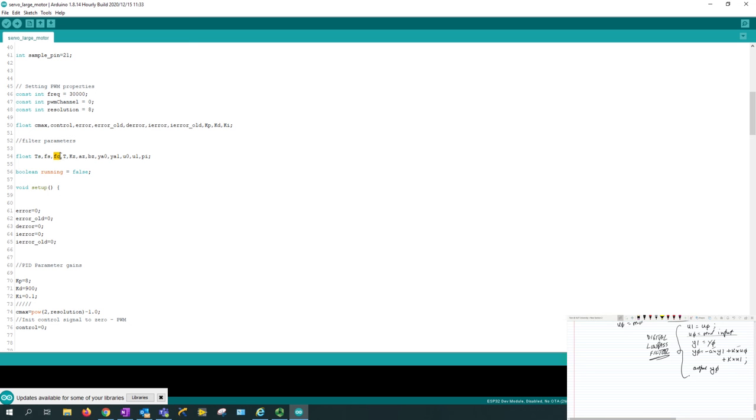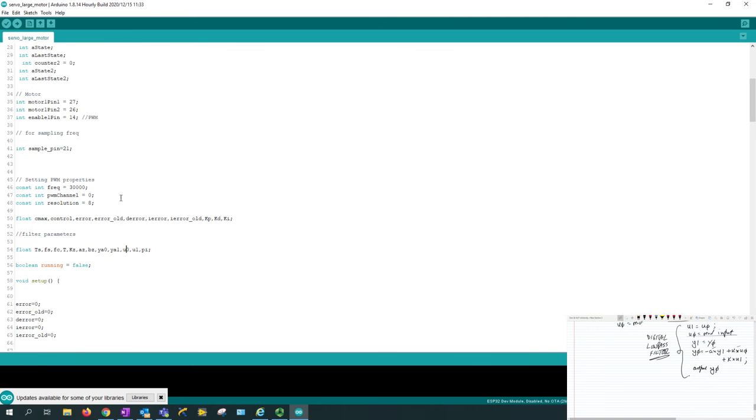That's the cutoff of my filter. That's the time constant of my filter. That's the K term, I just called it KZ. That's the A term, AZ, and I've got another term called BZ. And instead of Y0 and Y1, I had trouble using them because I think they were reserved or something. I called them YA0, YA1, and U0, U1, and I need pi as well.